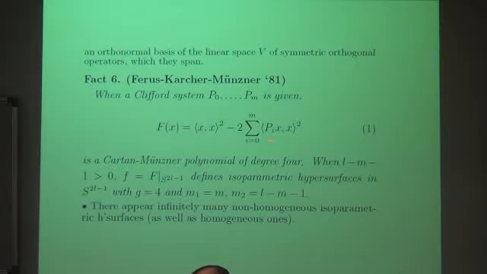So this formula owes to Ozeki and Takeuchi, I think. And among these isoparametric hypersurfaces, there exist infinitely many non-homogeneous and also homogeneous examples of isoparametric hypersurfaces with 4 principal curvatures.